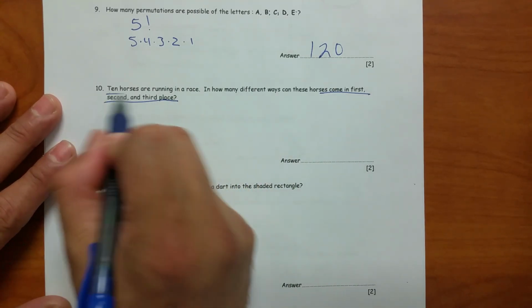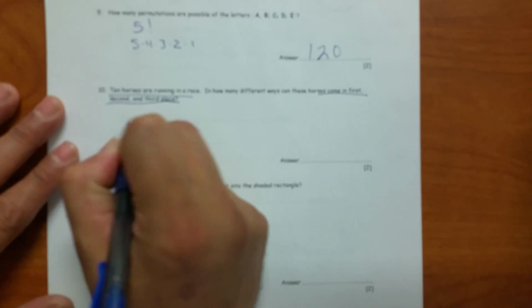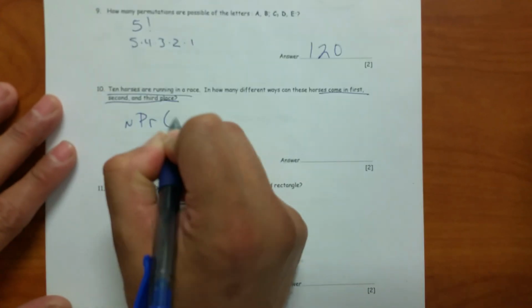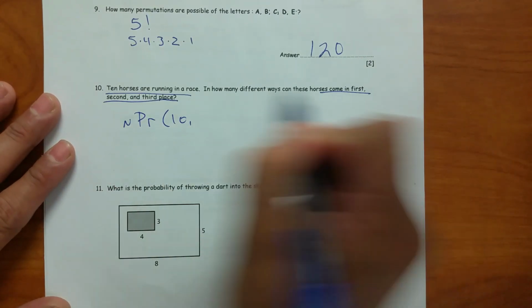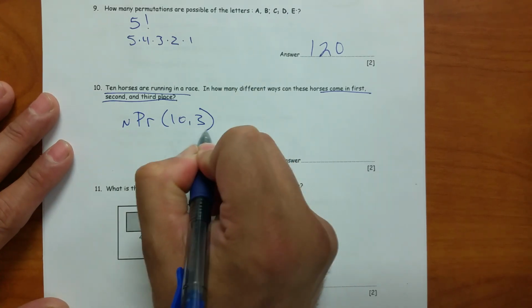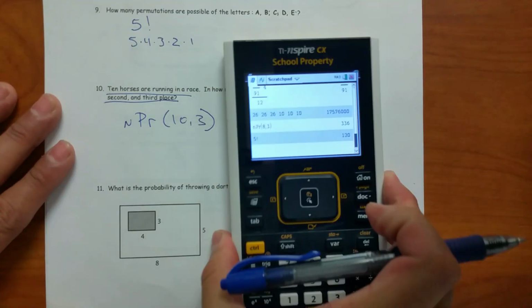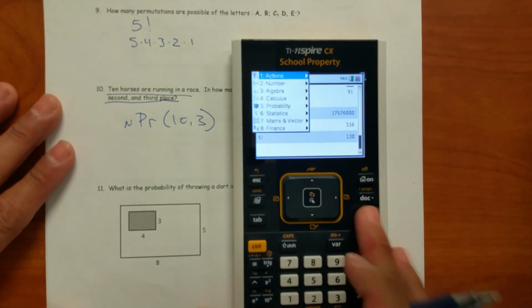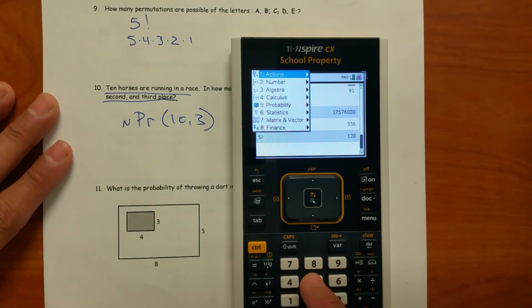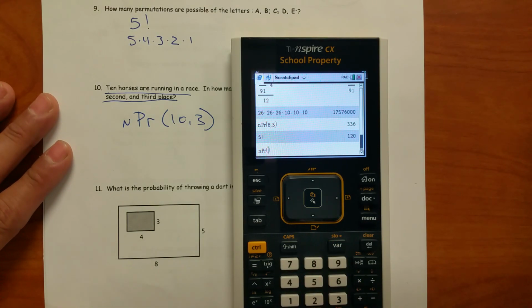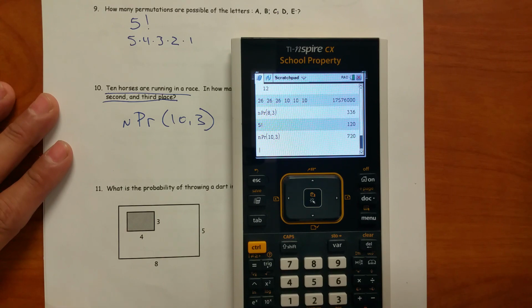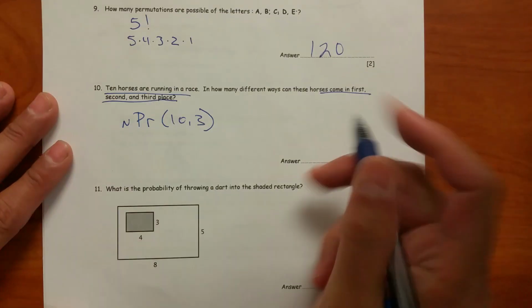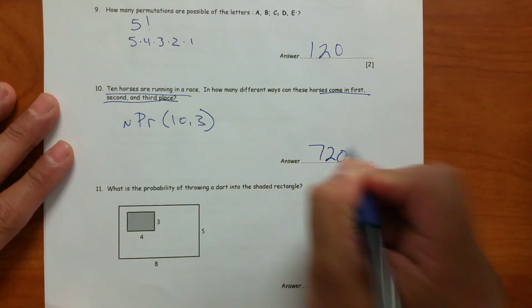So there are 10 horses, so it's going to be nPr, 10 horses, and we have 3 places. So menu, probability, permutation, is going to be 10, comma, 3, close, enter. There's 720 different possibilities.